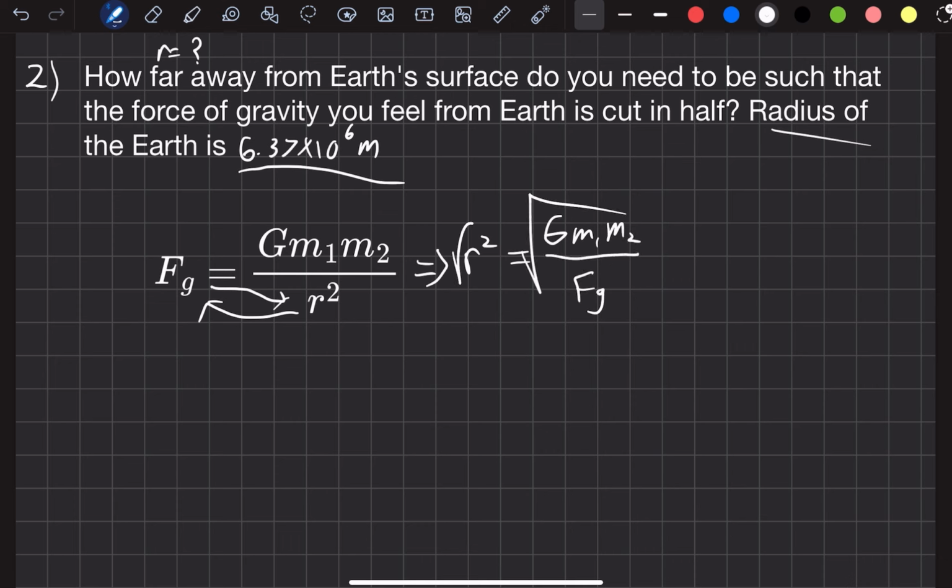Then we can square root both sides, so the distance equals the square root of G m1 m2 over Fg.